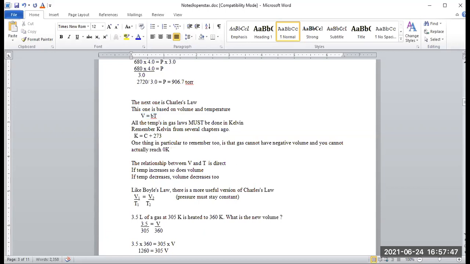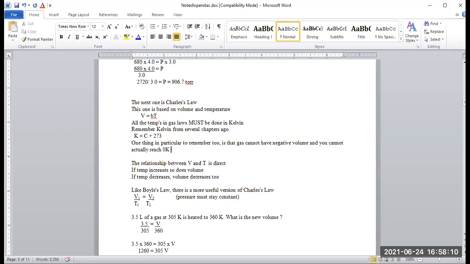Okay, that's actually not allowed. You can't have negative volume. Black hole theory notwithstanding. Even if they're positive, if you put the wrong values in, it's going to give you the wrong relationship. So we have to stick to keeping them in Kelvin.